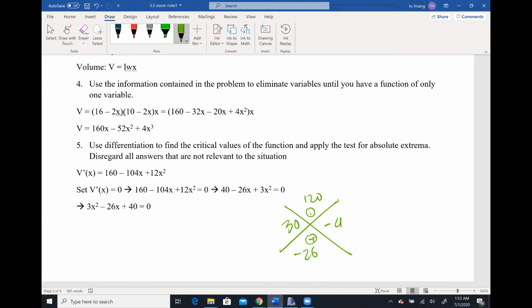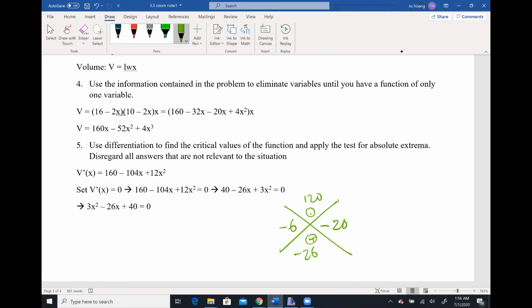No, it doesn't work. Let's try another one. What about negative 6 and negative 20? And yes, that's correct.